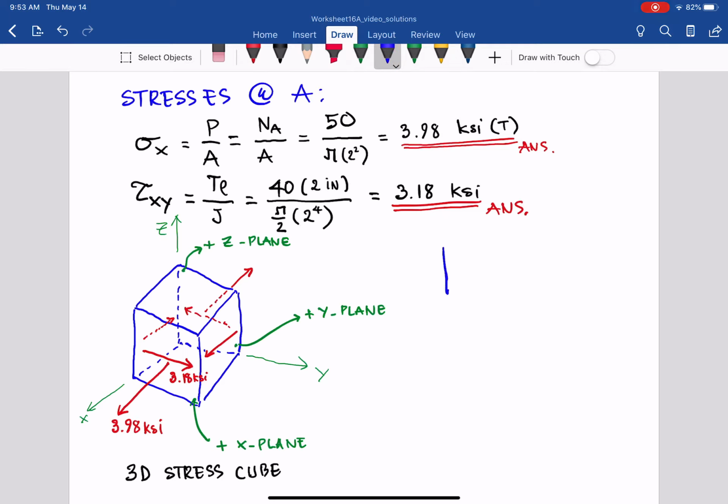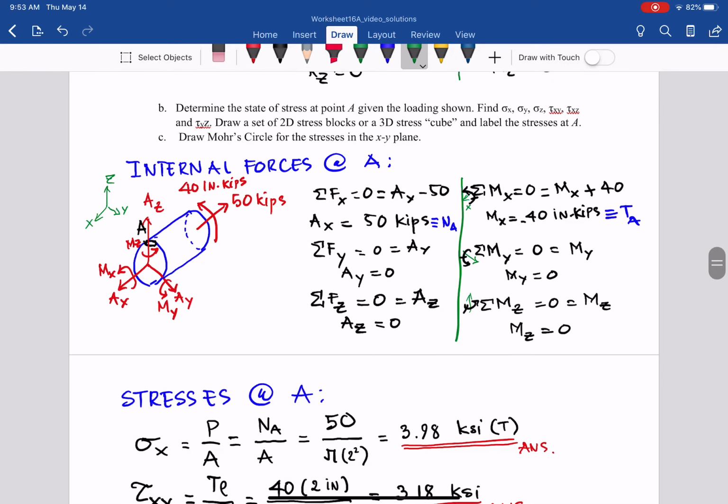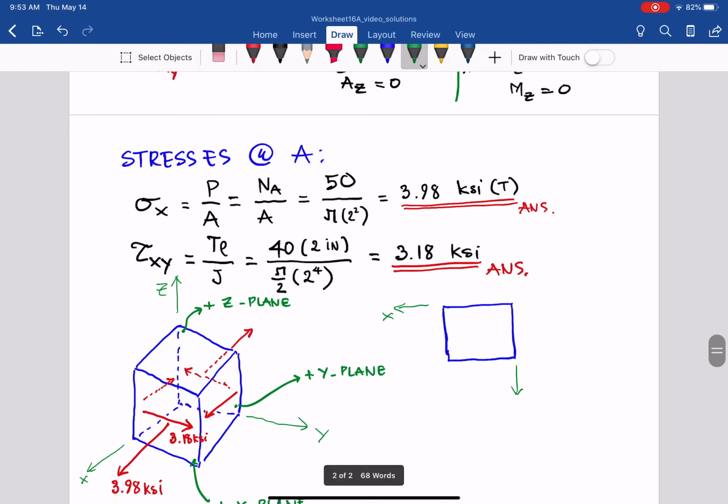The first one here, and I just follow the direction that we have, similar to the identified XY. So from that we can have X that way, and of course Y going down based on the definition. So basically I look at it from the top of the cube and I see XY and just draw it that way.